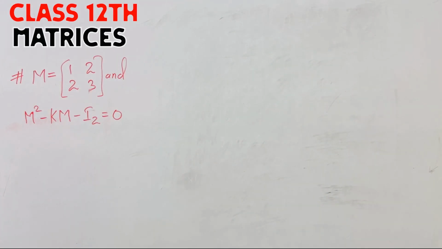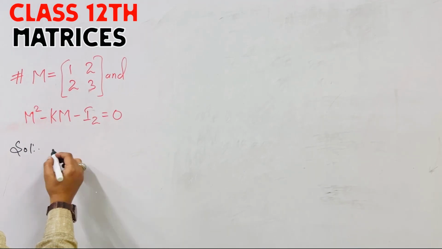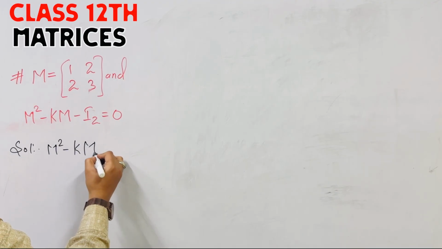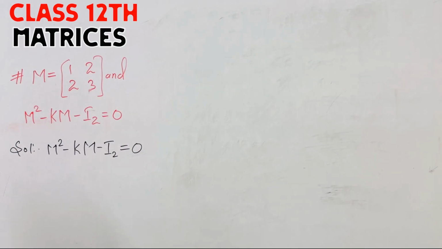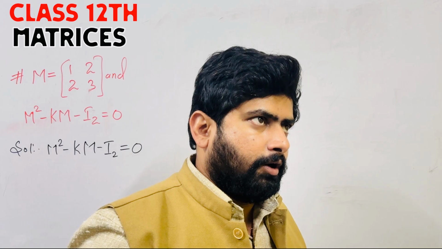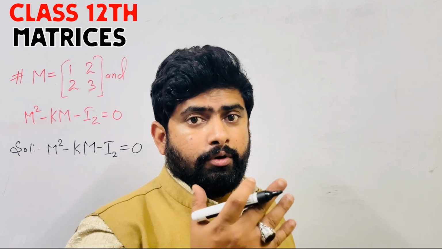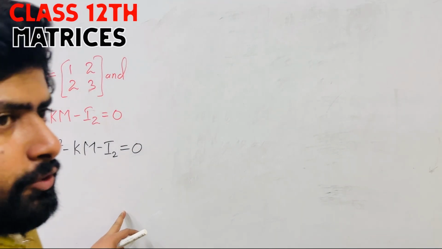Is there any problem? No problem. Okay, now firstly we have to solve this question. We have to write this equation, that is M square minus kM minus I2 is equal to 0. What is I2? I2 is an identity matrix of order 2 by 2, that is, rows are 2 and columns are also 2.